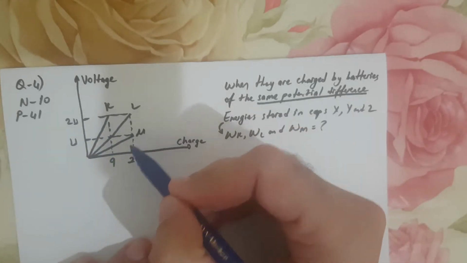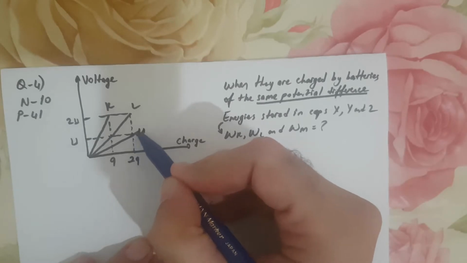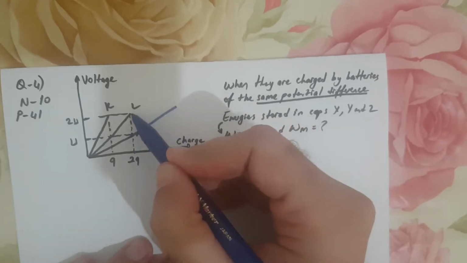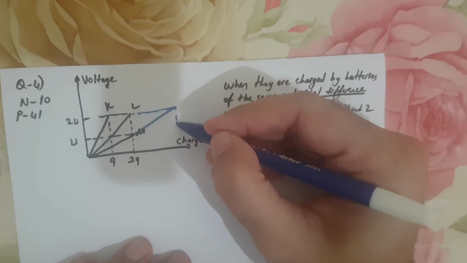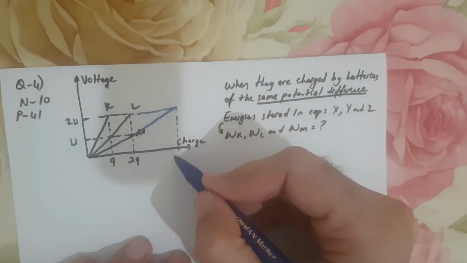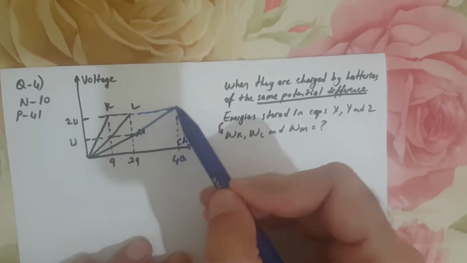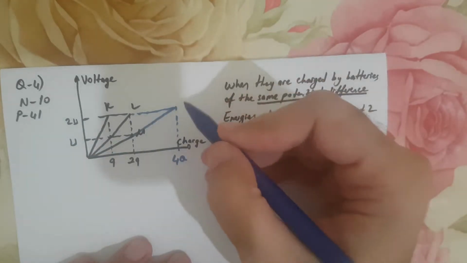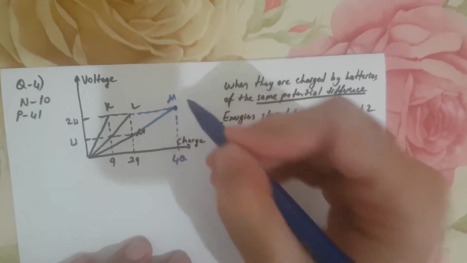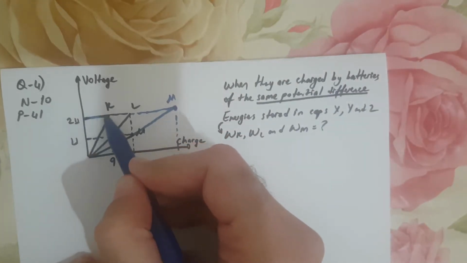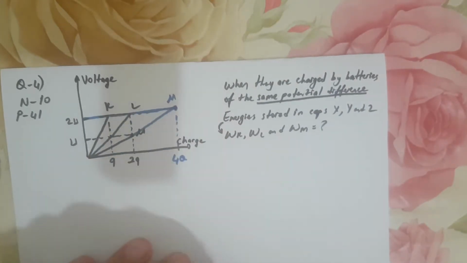So if I draw this one like that, it becomes 4Q. Why? Because if the 2Q is U, then for 2U it becomes 4Q. Why did I do this? Because I need the same potential.